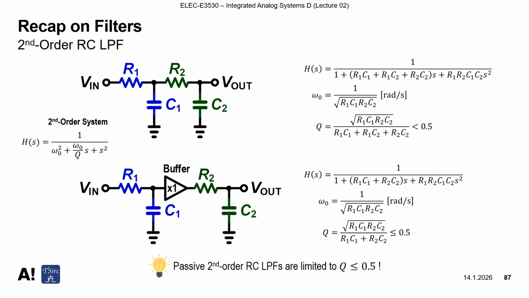Okay, so what I want to talk about is the passive second order low pass filter. RC low pass filters are limited to a Q factor less than or equal to 0.5. This is the maximum.